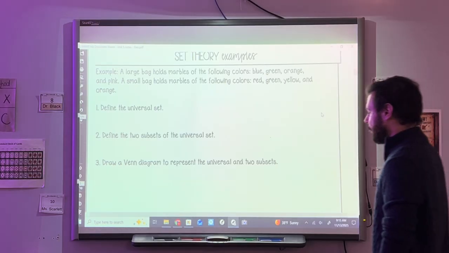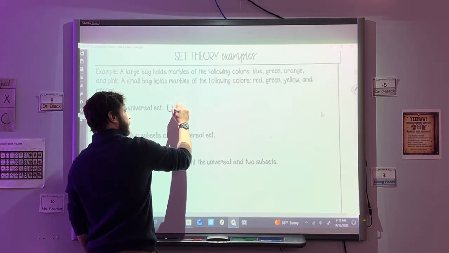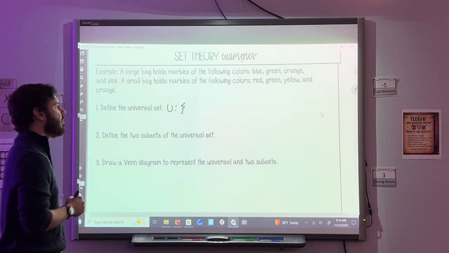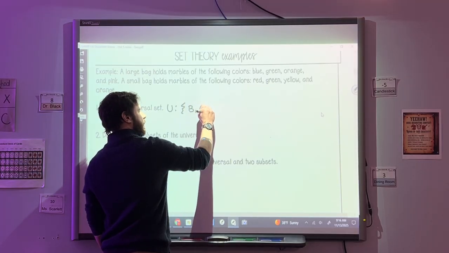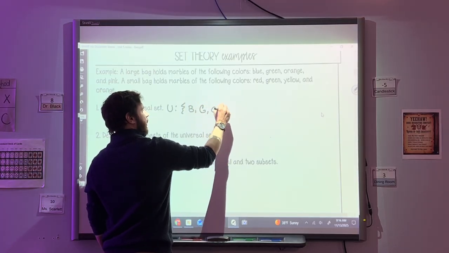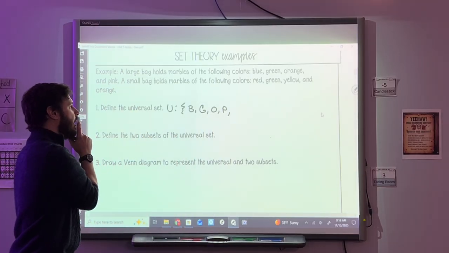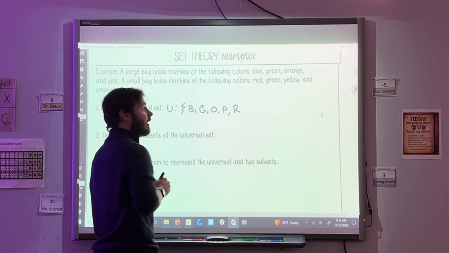Define the universal set. Okay, so our universal set is gonna be all elements. I see that the big bag had blue. It also had green, orange, and pink, I believe. Yep. The small bag has red, and then it has green.